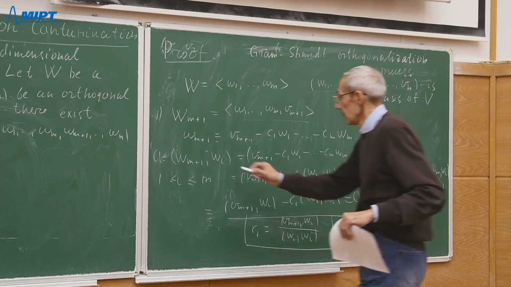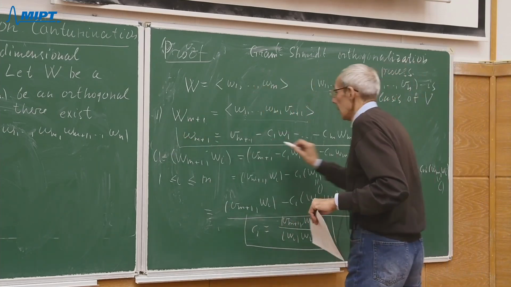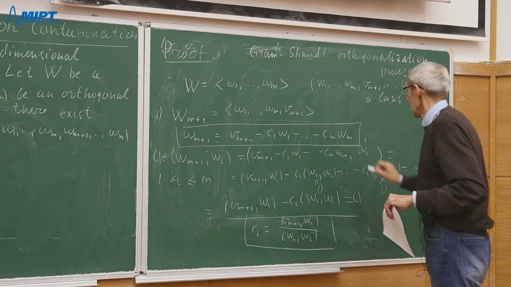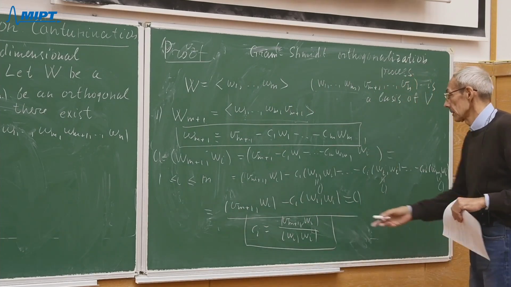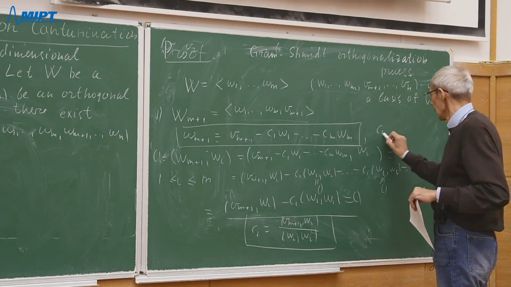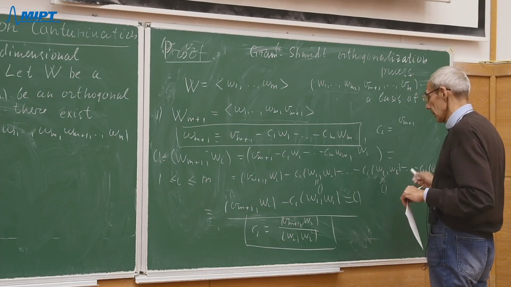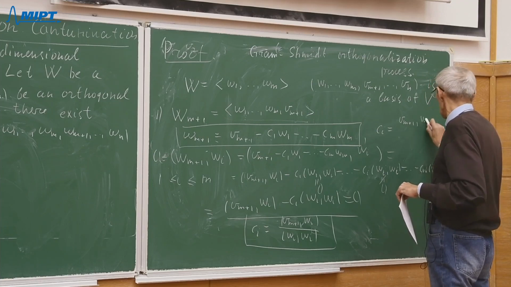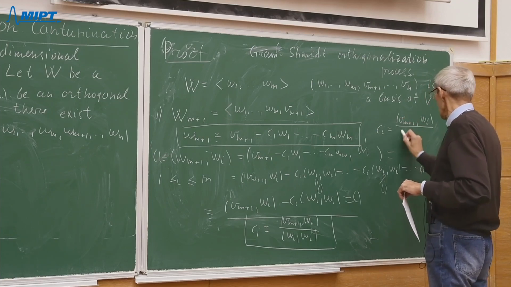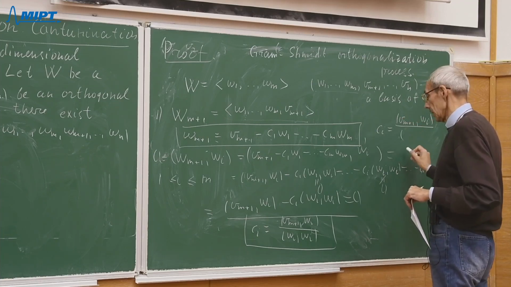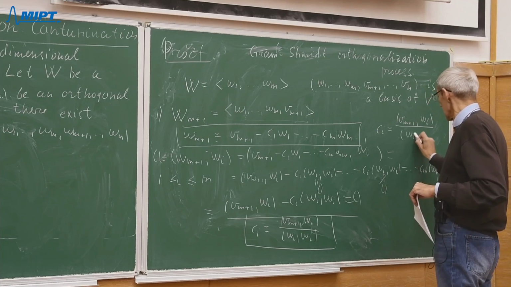So we obtain an exact expression for these coefficients. Ci is equal to the ratio (Vm plus 1, Wi) over the scalar square of Wi.